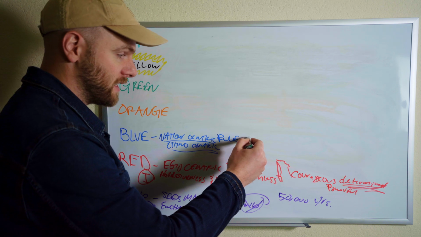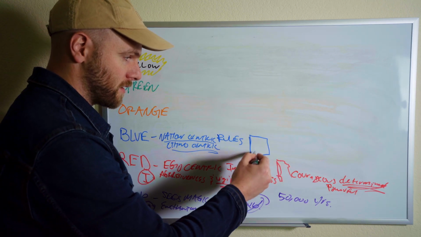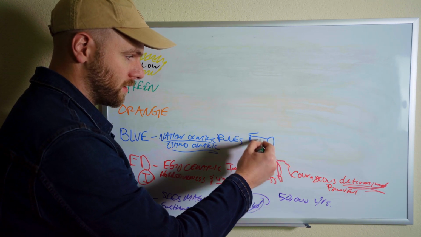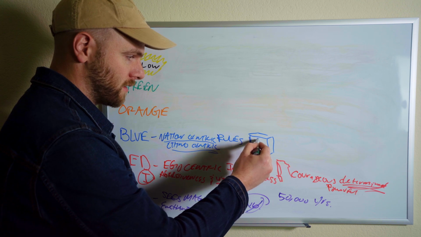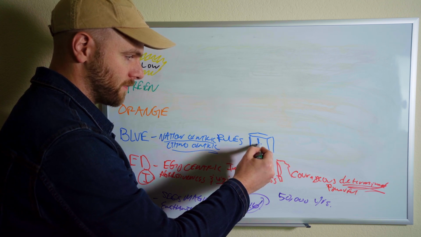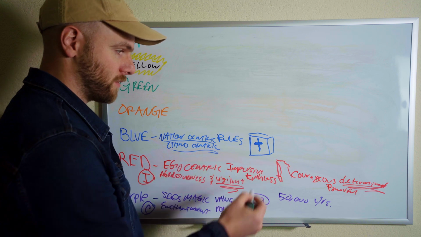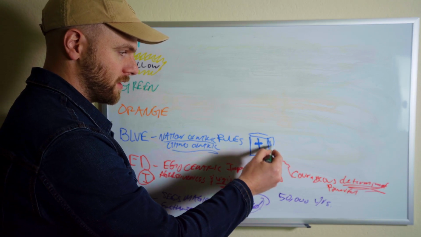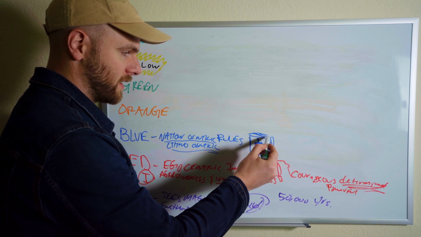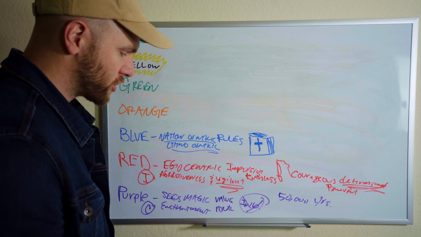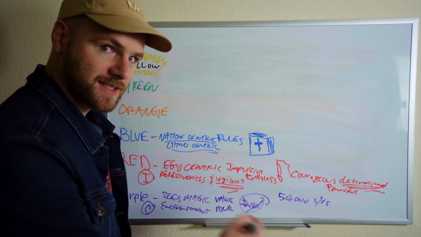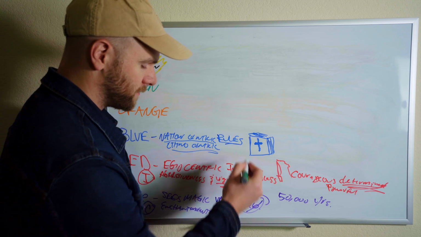And that's why he needed the Book of Eli, right? If you haven't seen that story, I won't ruin it for you. But he needed the Book of Eli to help control these crazy masses, right? So rules are huge in blue.